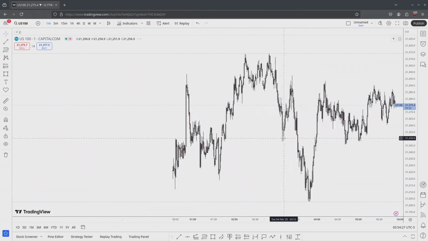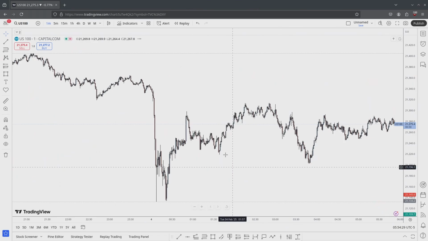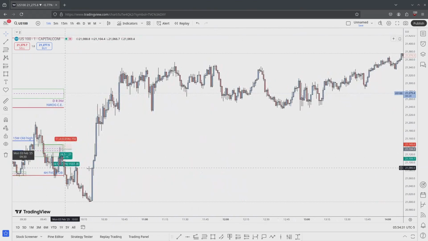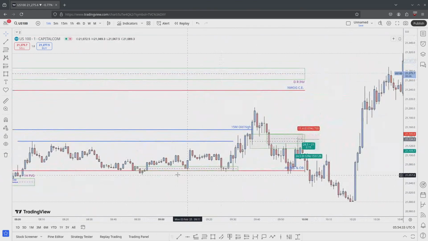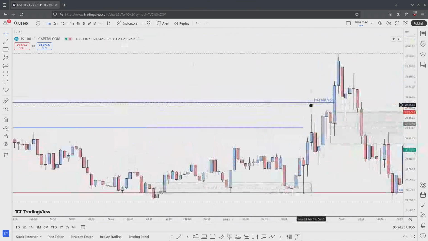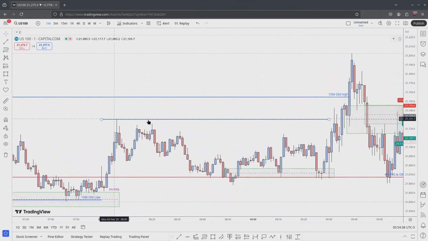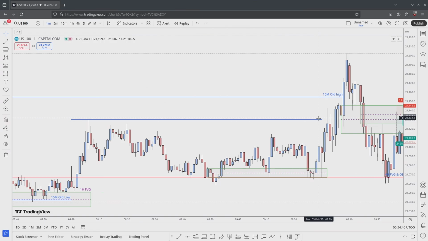Just want to note that on the chart as well. I'm going to get that noted on the chart. Okay, there we go. So that 15-minute old high, okay, price took that out. And we rallied. Okay, so that's a level that's taken off.